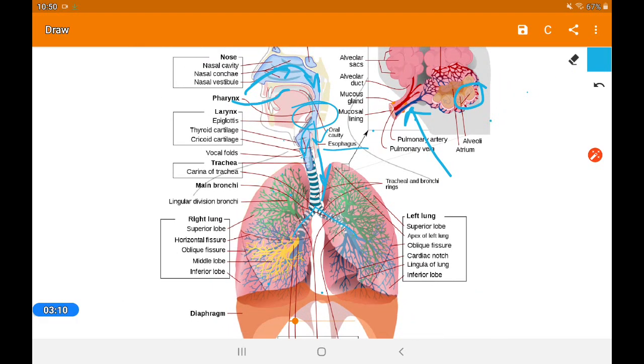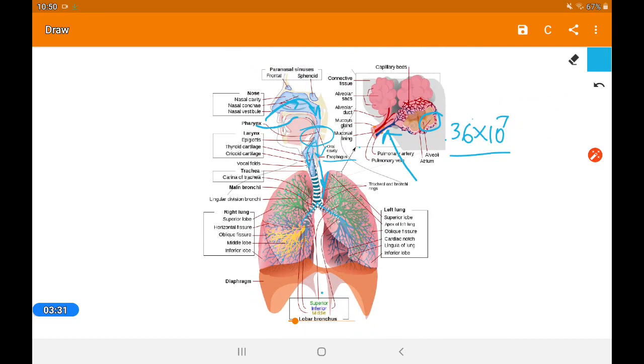So 36 crore alveoli are present in our body, and the alveolar duct also. You can see that the alveoli are connected with blood lines. Here the gas exchange takes place. So when the air with oxygen enters inside, the exchange takes place here in the blood line.